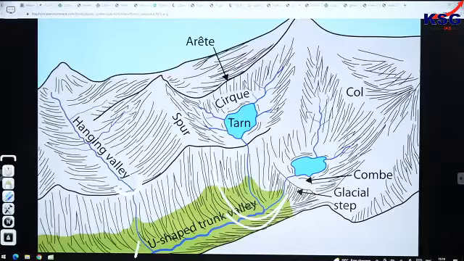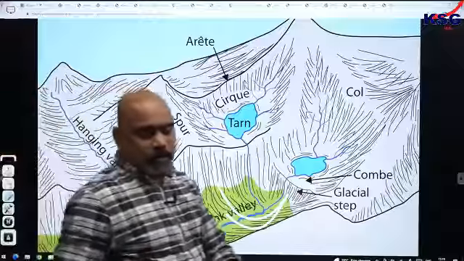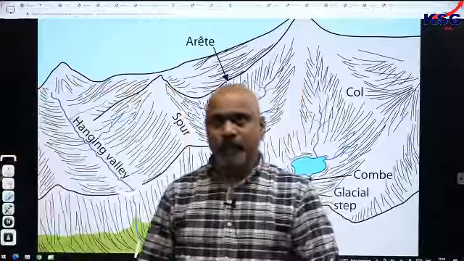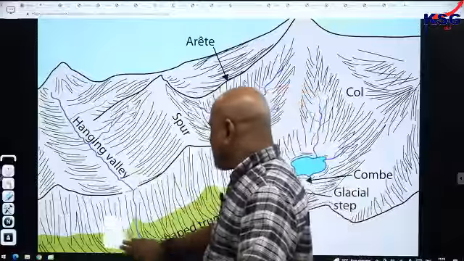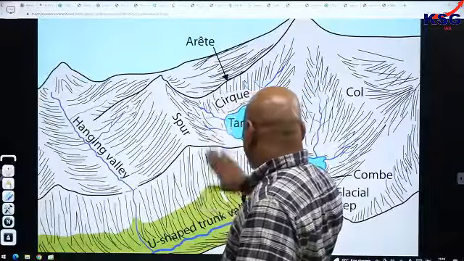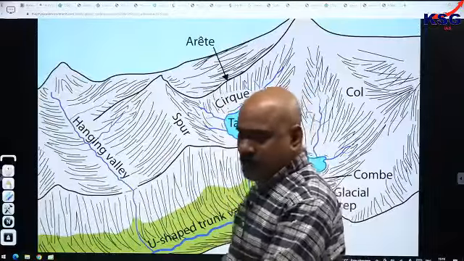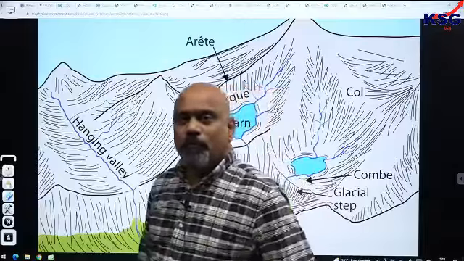Okay. A valley within a valley, hanging valley, as I said. Can you see this? Can you imagine this? Or do I need to draw?